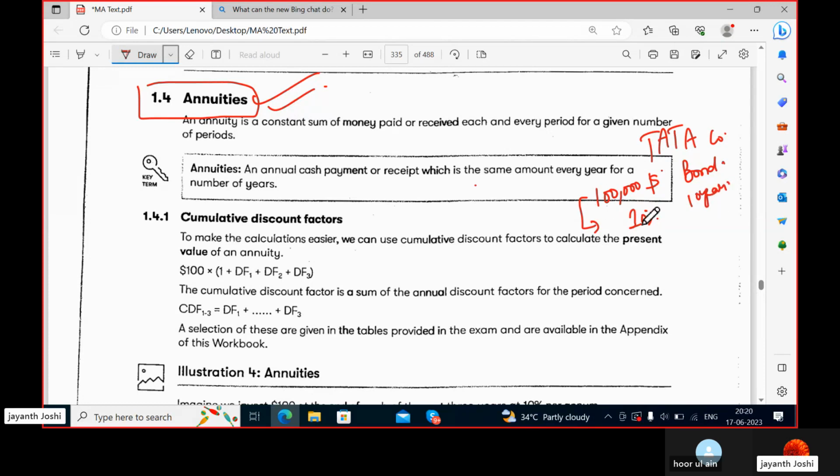So they will make a payment of $10,000 every year. That is the fixed annual payment. Okay? This payment is going to be the same every year for 10 years.